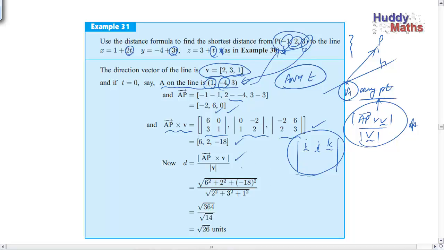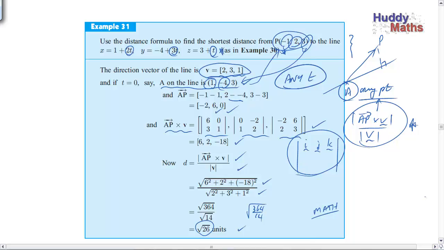So it's that one divided by the length here. And so we want the length of the cross product, square root of the sum of each component squared, and so on. So here, root 364 over root 14, or the root of 364 over 14, done on the calculator is root 26. So on the Casio, if you want it in that form, you keep it in math mode in setup and use run in math mode.